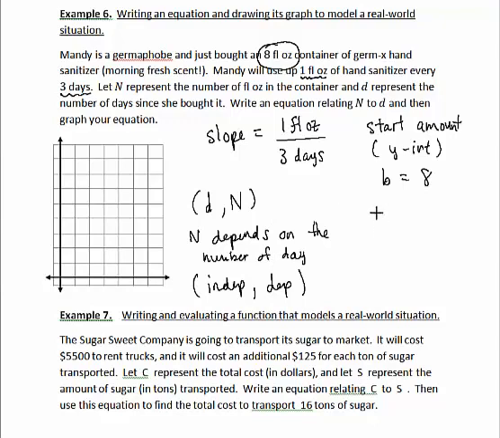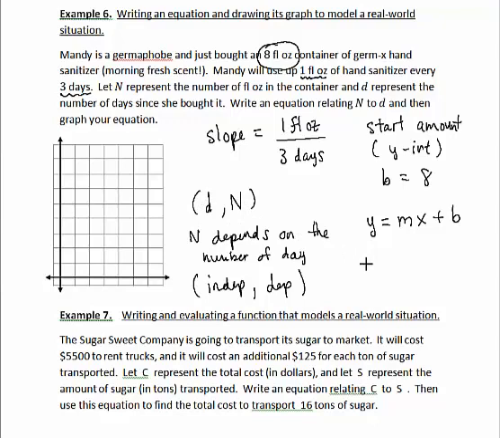This is going to be a linear relationship, so we start with our slope-intercept form of a line. Instead of using the generic variables x and y, we've stated that we're going to use d and n instead.